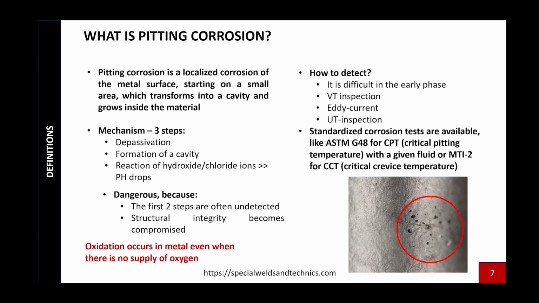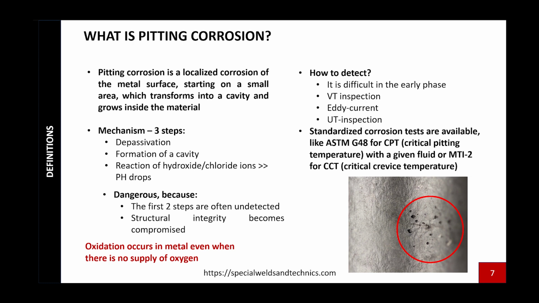Or even if they're big, they are, let's say, inside a heat exchanger, and you can't see this area. And secondly, as this cavity grows inside the material, the structural integrity decreases. And in case we have a highly loaded structural member, this can be a catastrophic event.